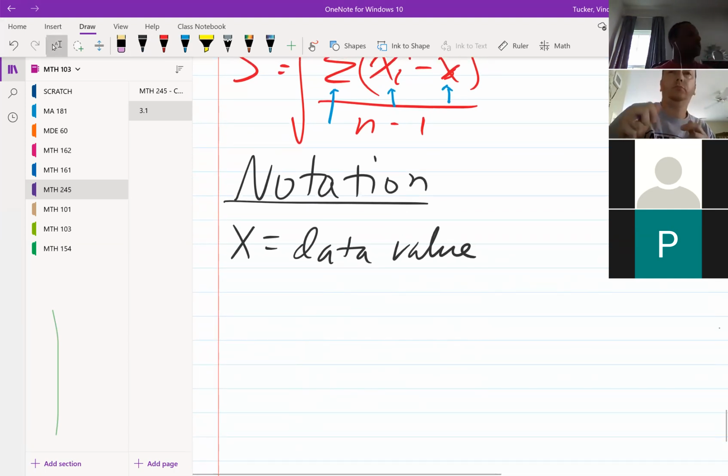All right, so when it comes to statistics and notation, you're going to have certain notation that's applied to your population, and then there'll be certain notation that's applied to your sample. So the difference between the sample and the population: your population is the whole.